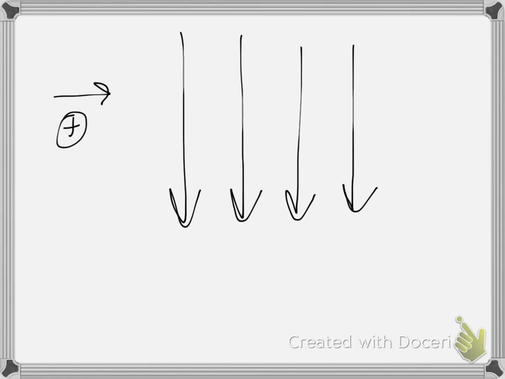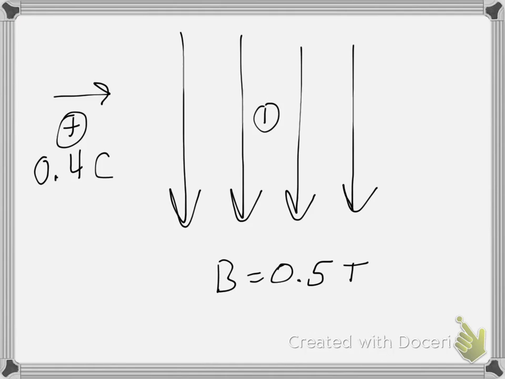Here we have a charge, and let's say it has 0.4 coulombs, and the magnetic field strength is 0.5 Tesla. Let's say we measure the particle's deflection, and we can measure the force, and the force is found to be 100 newtons.